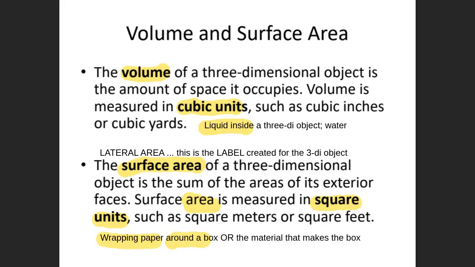Lateral area is going to be the label on the can. Lateral is L, label. Surface area is all of the material that makes the 3D object.